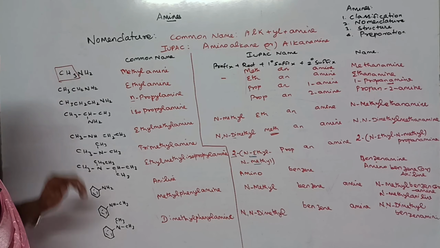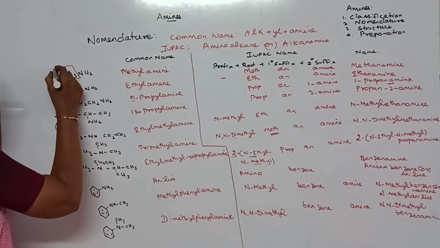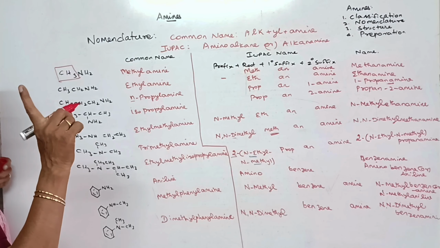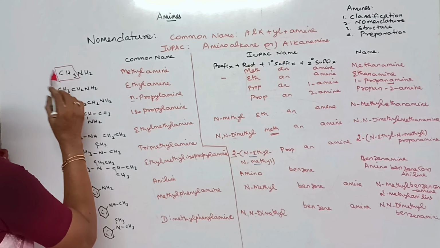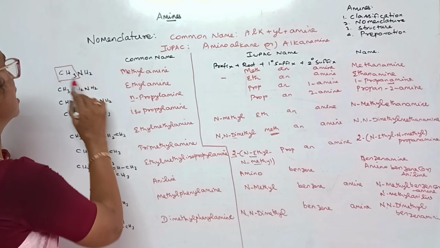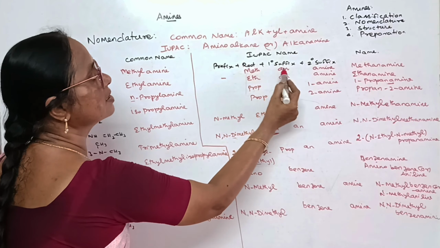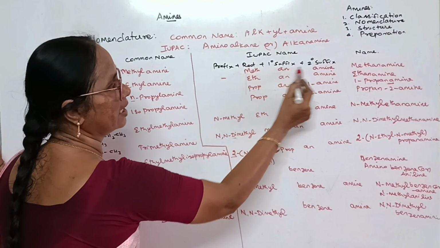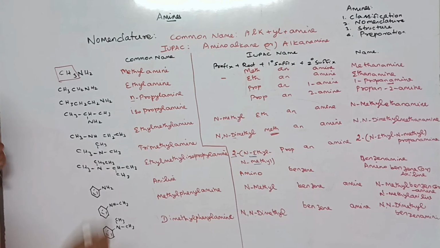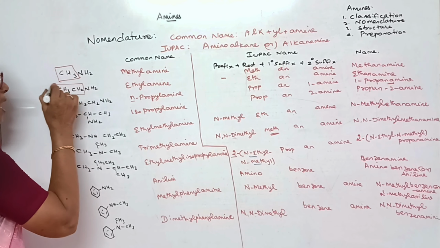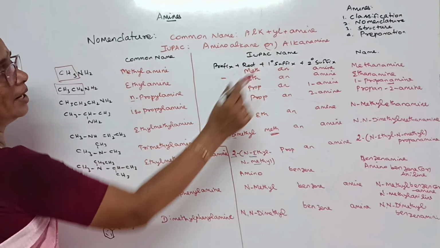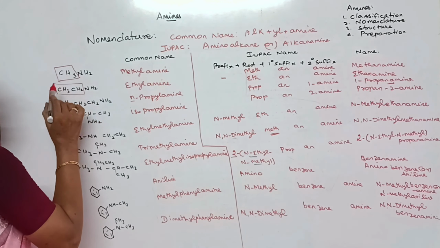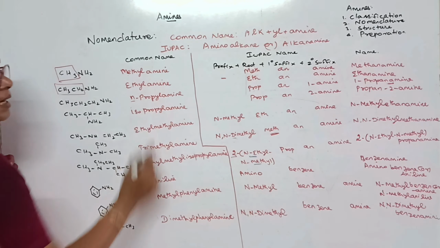The first case is methane amine. It has only one carbon, so it is methylamine as common name. For IUPAC, only one carbon, so meth, saturated ane, and hence the name is methane amine. In the next case, it has two carbon atoms, so the root word is eth, so ethane amine, but the common name, alkyl amine, is ethylamine.